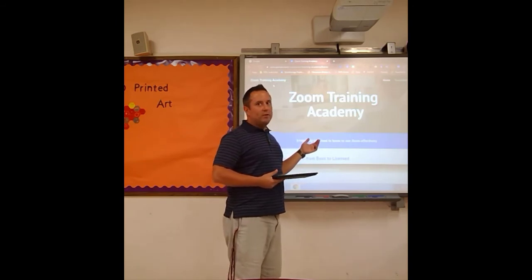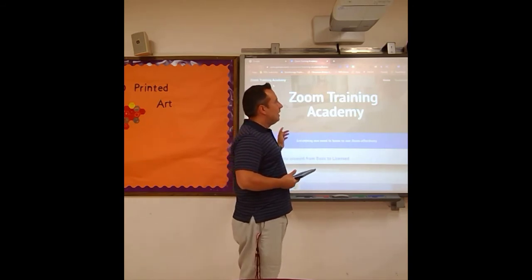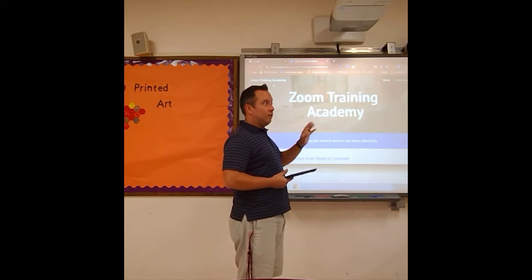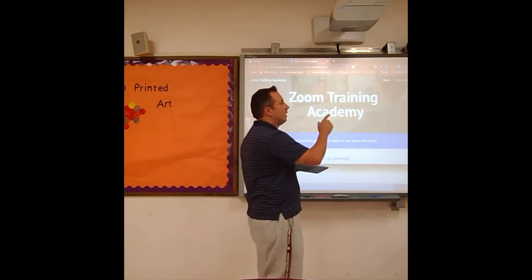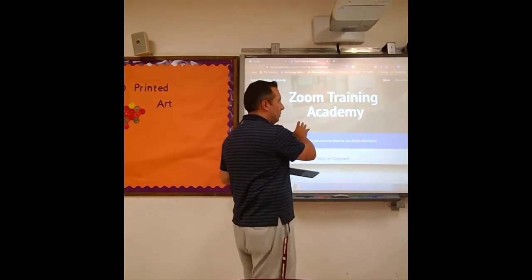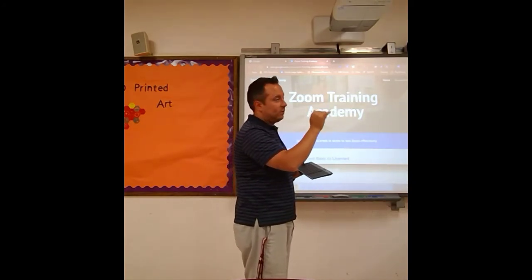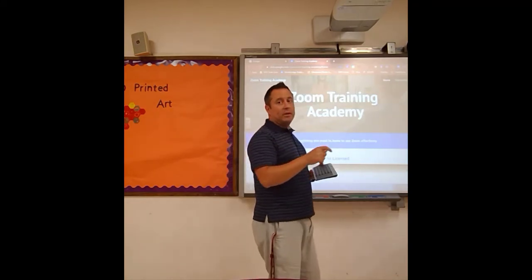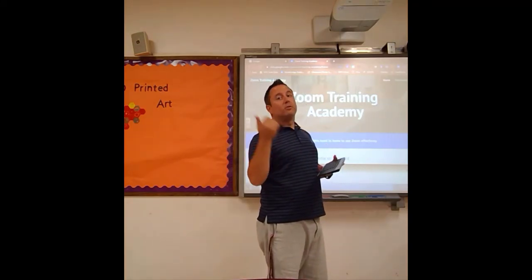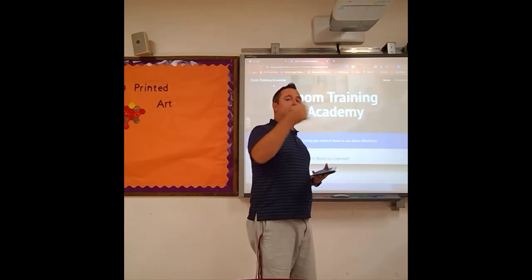The more ideal way to do it, and I'm going to show you this in just a second, is to just share your screen, because what's happening with your computer is that it's just duplicating what's on your computer onto the smartboard, and they're talking to each other. So any marks that you make on the smartboard are going to appear on your computer screen, which is what you're sharing with the kids, so then they can see that.